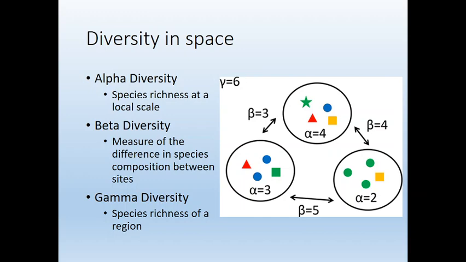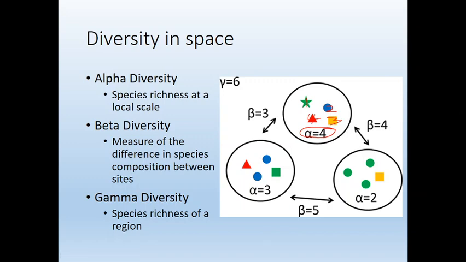Alpha diversity means species richness at a local scale. So this example, this top one here has 1, 2, 3, 4 species, right? And that's that alpha diversity right there, of 4. Now, this one then has 2, and this one has 3 different species, right? So alpha diversity, I think, is relatively easy to understand.